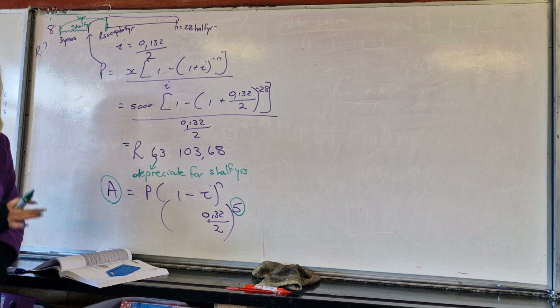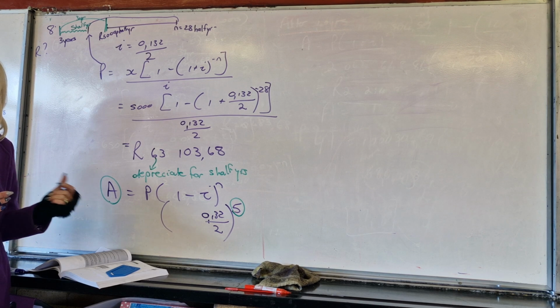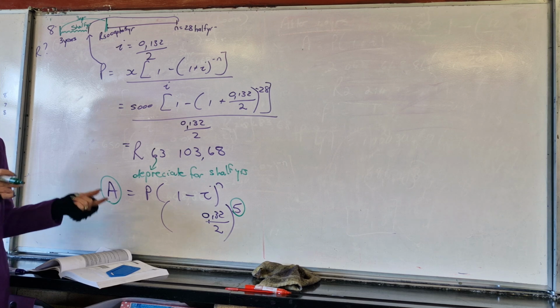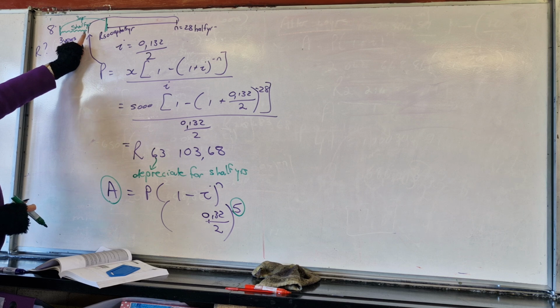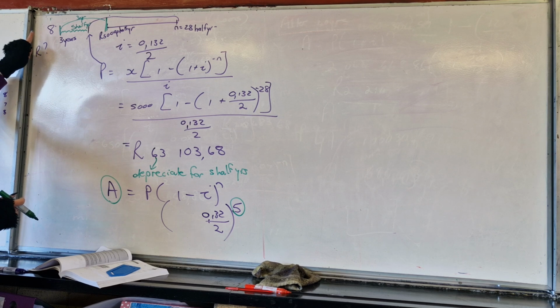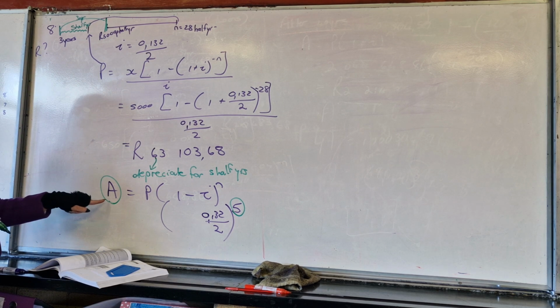And if you're sitting there wondering where it must be, and you do it and the sum doesn't work out right, then you know you did it wrong. But in this circumstance, I end up with 63,000 after depreciation. This was the original amount, so this must be the lesser one.